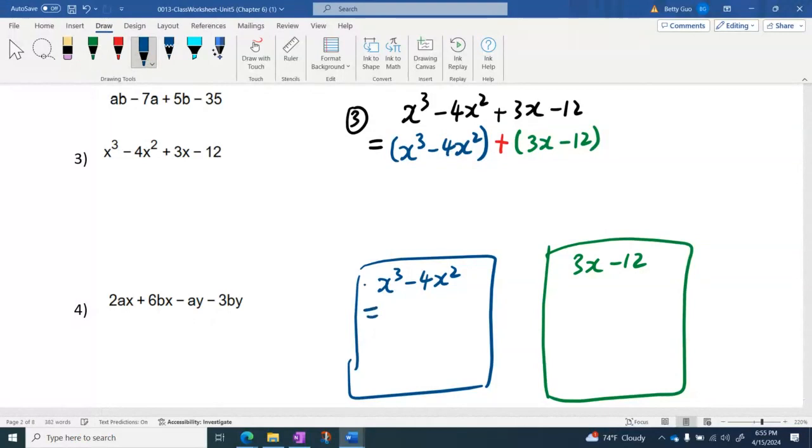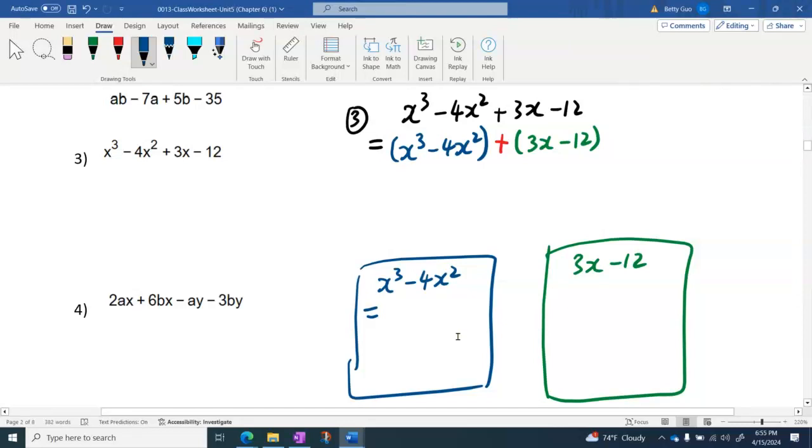Okay, let's do that. The blue box, x cubed minus 4x squared, we have 2 terms. We want to factor out the GCF of them. Anyone can help me to identify the GCF of the 2 terms in the blue box? X cubed, negative 4x squared.